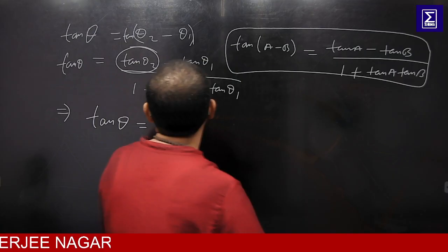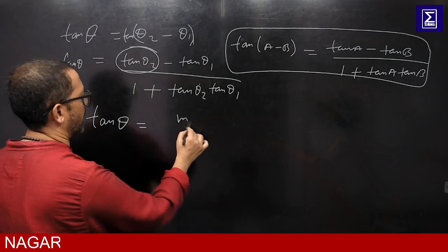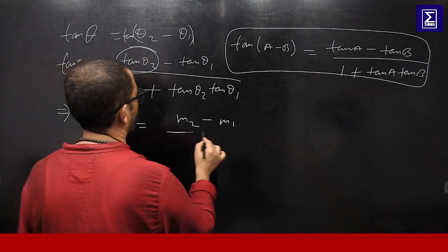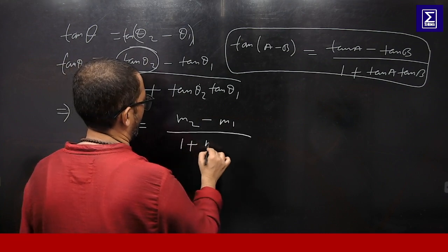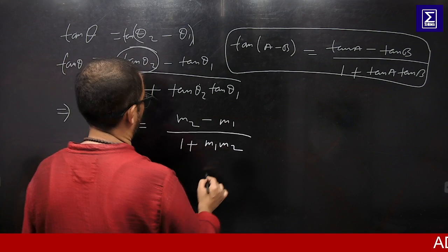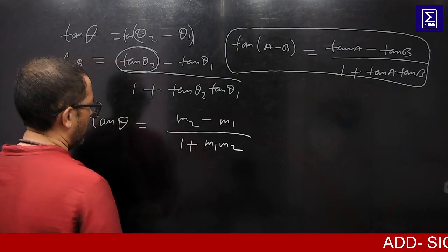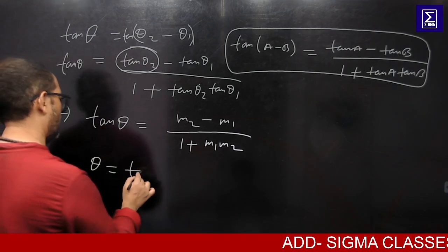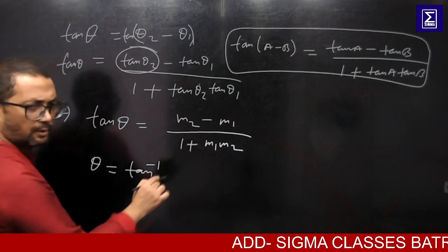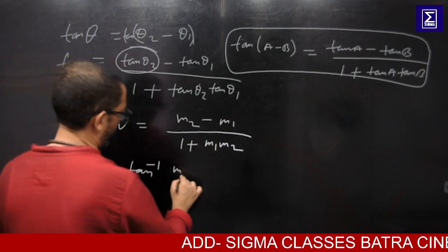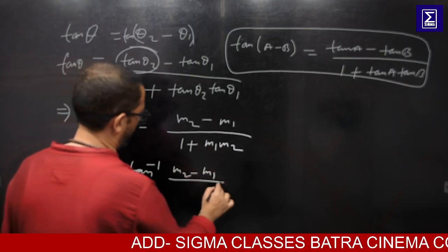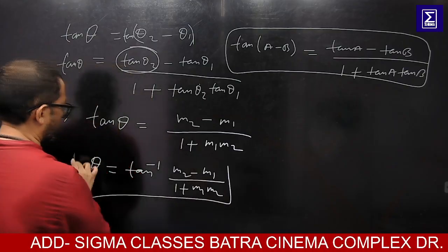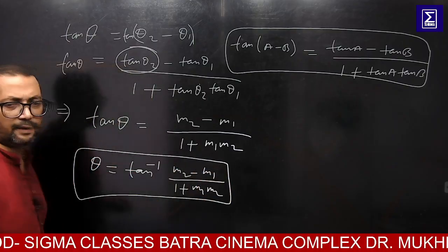So in place of tan theta 2, can we write m2 minus m1 upon 1 plus m1 m2, or m2 m1, whatever you want. So theta will be equal to tan inverse of m2 minus m1 upon 1 plus m1 m2. This is nothing but the angle between two straight lines.